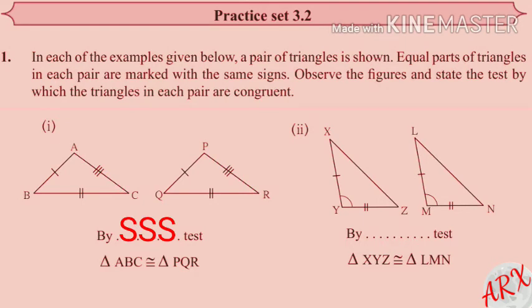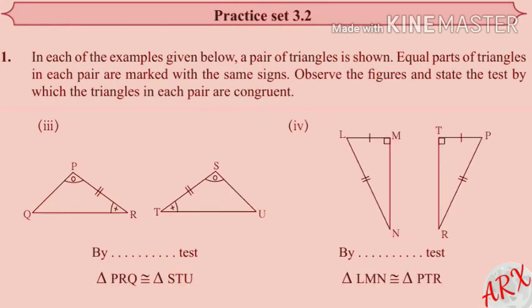Second, as we can observe on the screen, in triangle XYZ and triangle LMN, XY congruent to LM, YZ congruent to MN, and angle Y congruent to angle M. Hence, triangle XYZ congruent to triangle LMN by SAS test.